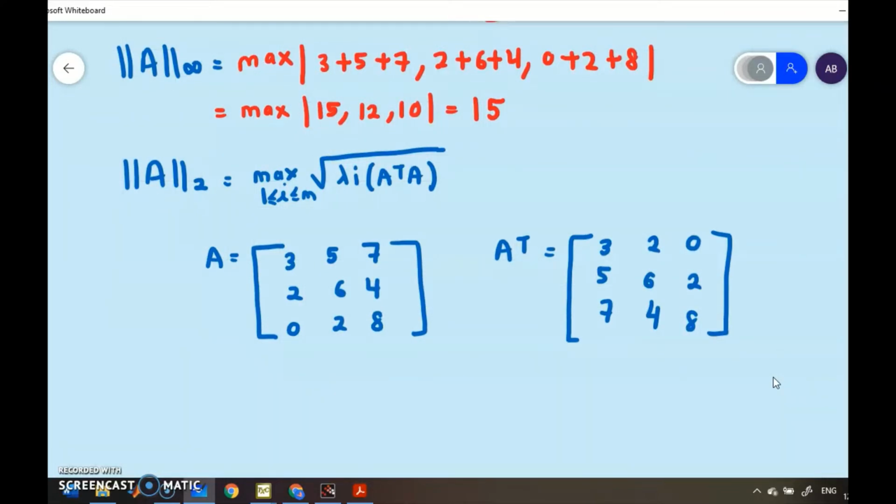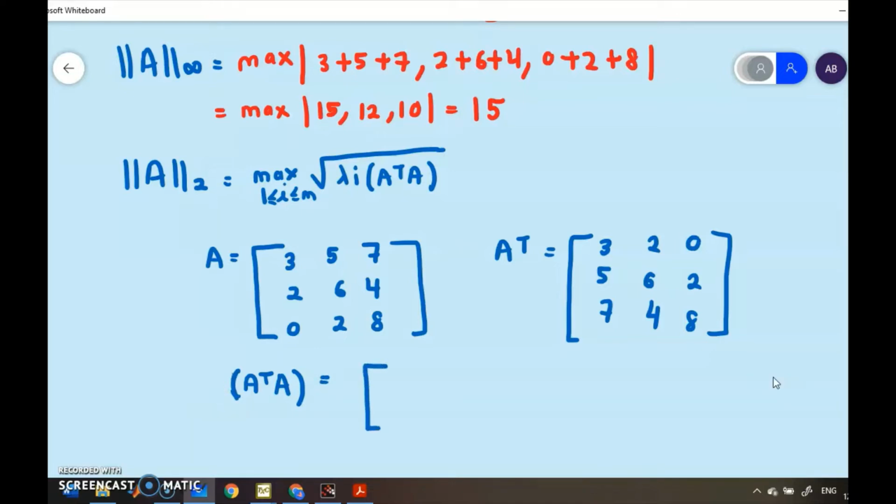Before you find the square root, we want to find lambda of A transpose A, where lambda is the eigenvalue. Let's find A transpose A first.